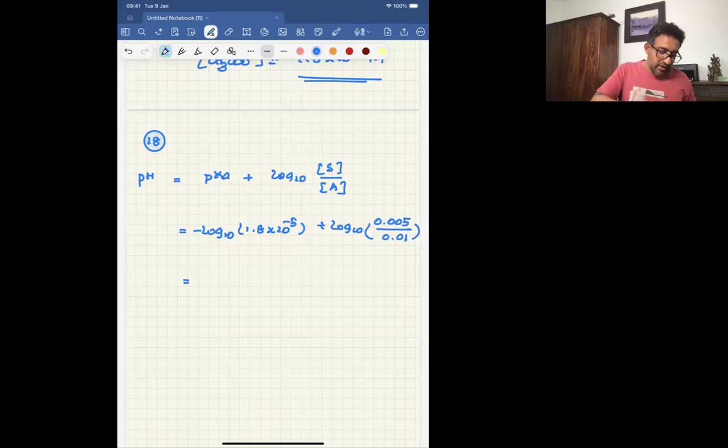Minus log of 1.8 × 10^-5 is 4.7447, plus log of 0.005 divided by 0.01, which is minus 0.3010. What is the value? 4.7447 minus 0.3010 is 4.4437.